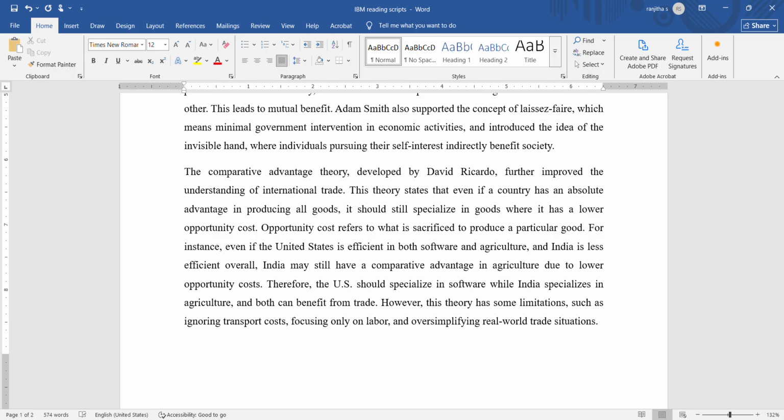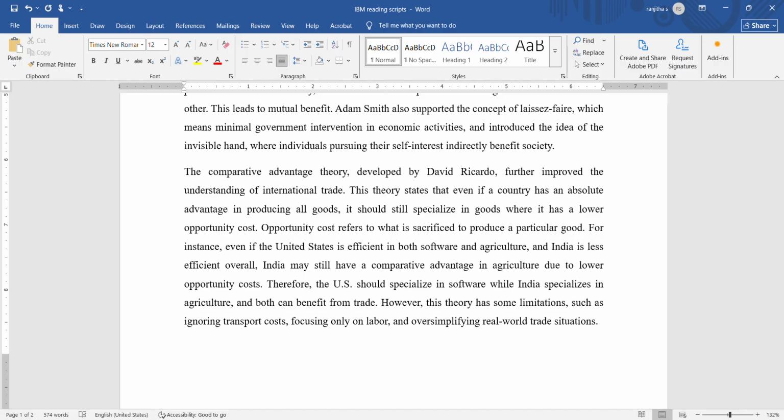For example, even if the United States is efficient in both software and agriculture, and India is less efficient overall, India may still have a comparative advantage in agriculture due to lower opportunity cost compared to the United States.